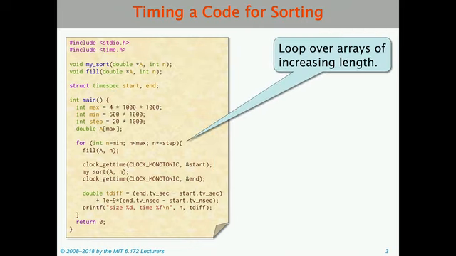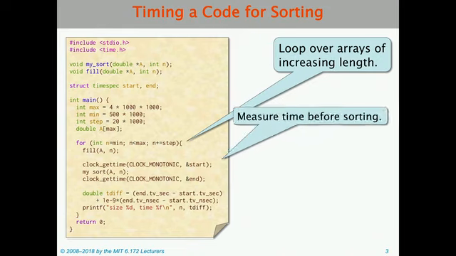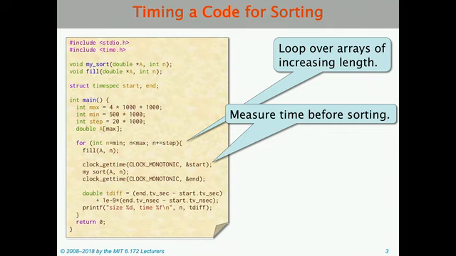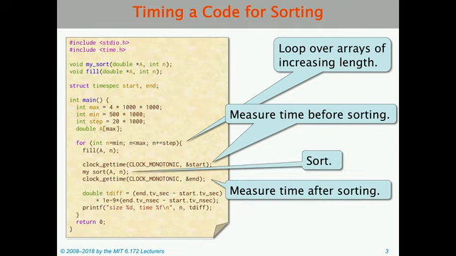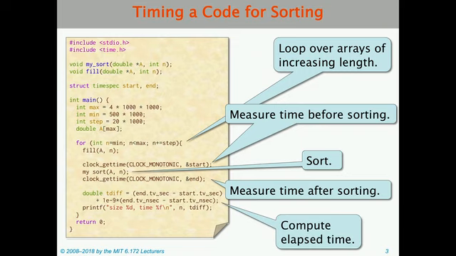And then we're going to loop over arrays of increasing length. And then what we're going to do is fill them up. I forgot the fill. And then we're going to measure what the time is just before we sort. Then we're going to sort, and then we're going to measure the time after sorting. And then we compute the difference and figure out what the elapsed time is, print that out.